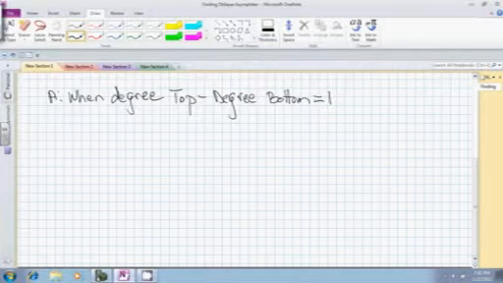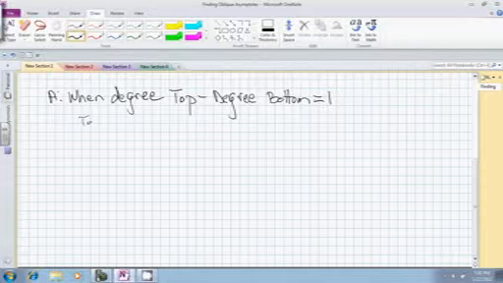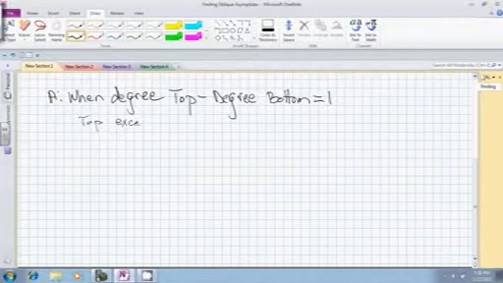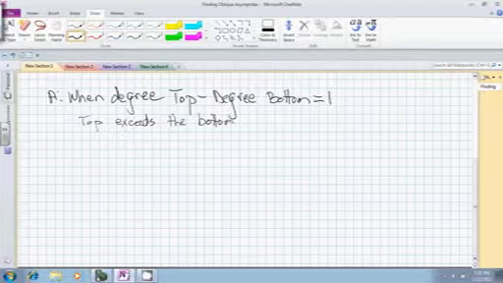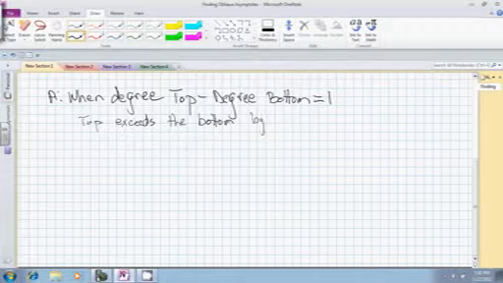So that means that the top exceeds the bottom by 1 in terms of the degree.